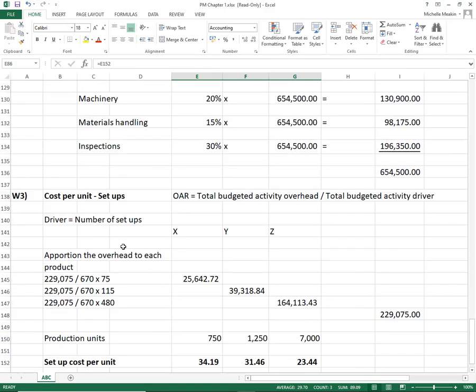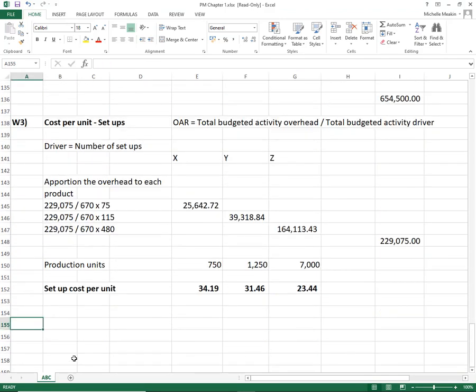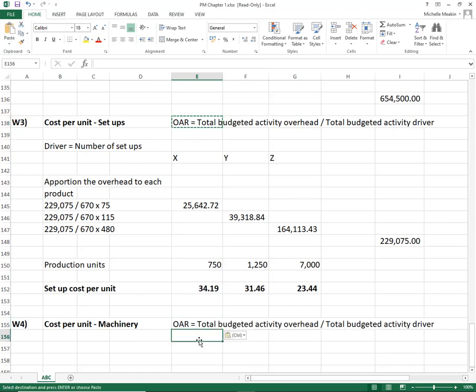And we replicate that working. So the same working is done again, however it's done for the next activity. So working number 4, we will look at a cost per unit, but this time it will be for the machinery cost pool. Again, we're going to work out an OAR, or budgeted activity overhead, divided by our driver.